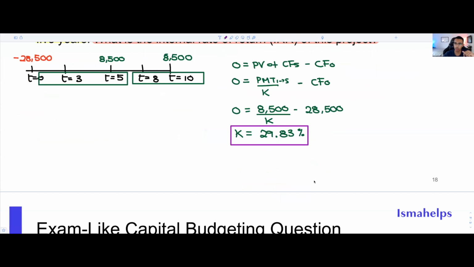So what you can do in order to find your effective annual rate is pretty straightforward. All you got to do is use your effective periodic rate formula. So EPR, right, is equal to 1 plus the quoted rate to the power of 1 over m minus 1. In this case, we know that our rate is 29.83%.